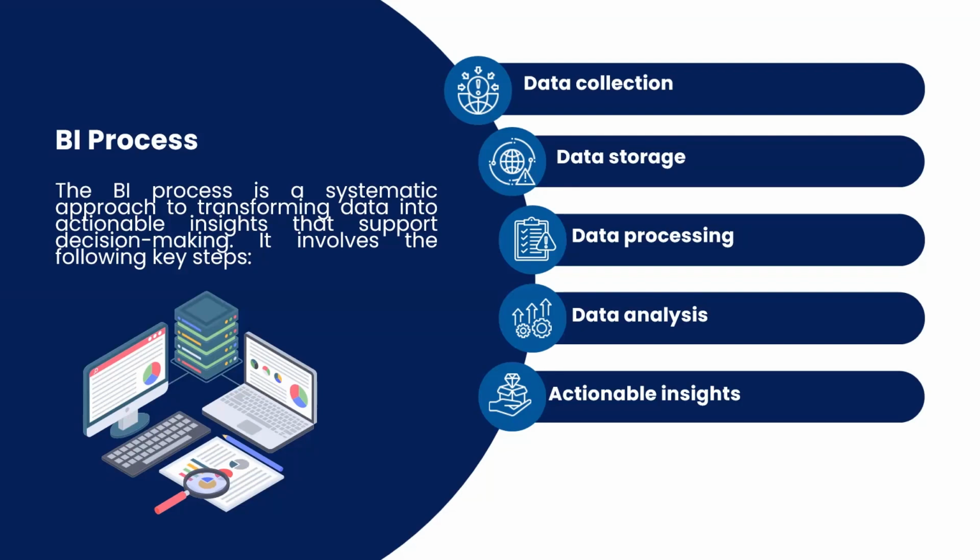And finally, we have generation of actionable insight, where information is gathered from this data and it helps the marketing teams, the executive teams, or the management to make more informed decisions for the organization. Phases of the BI process are data collection, data storage, data processing, data analysis, and then generation of actionable insight.